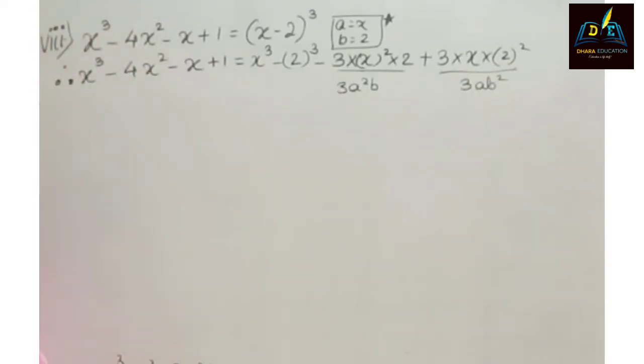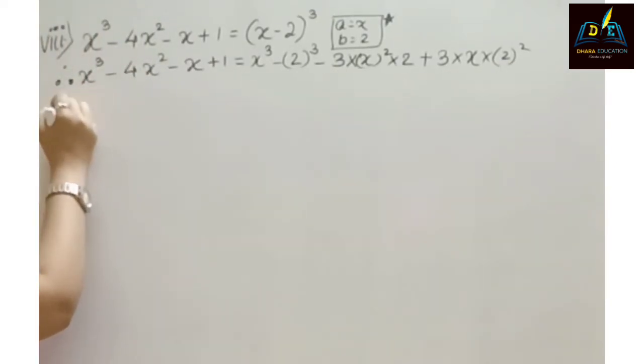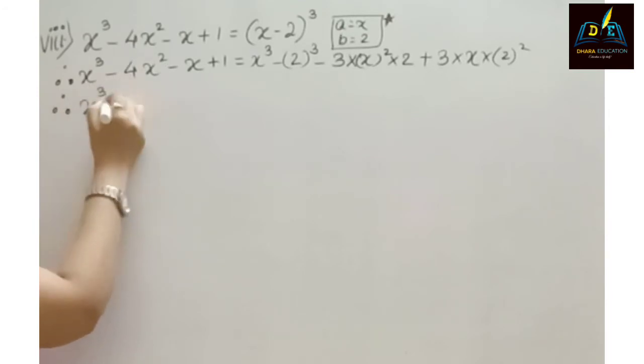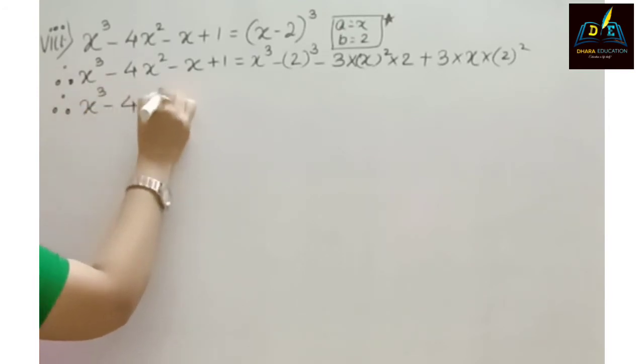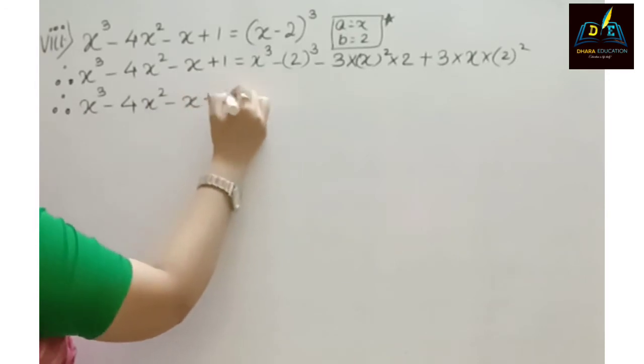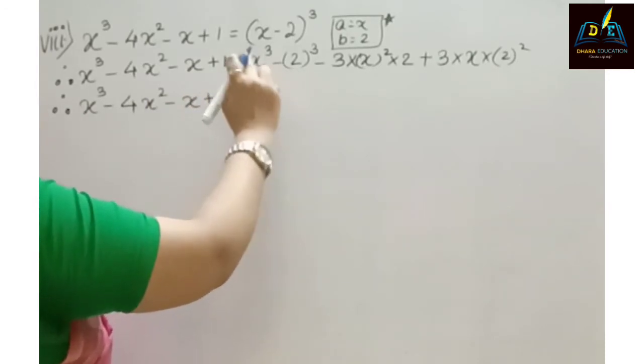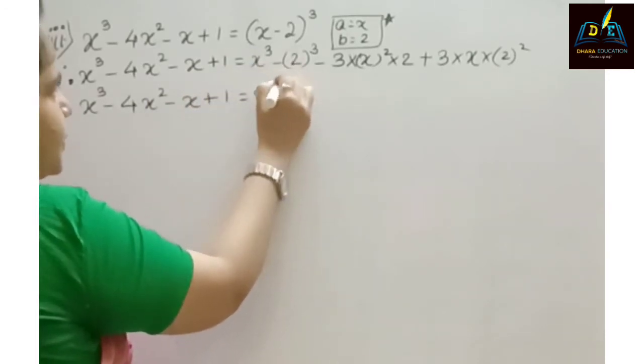As simple as that. So now the next step will be the left hand side, whatever it is there, we have to write as it is. Now from here onwards, we are going to solve it.